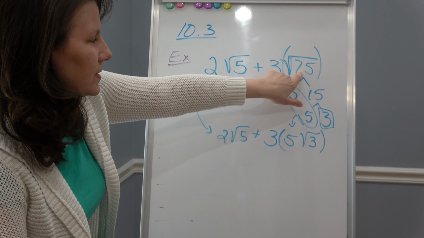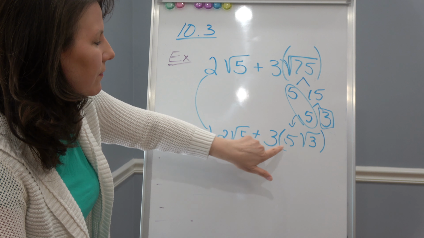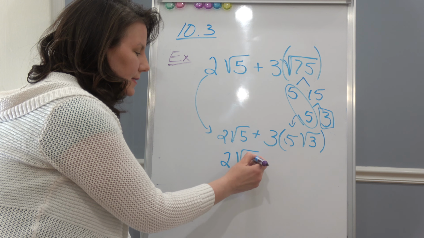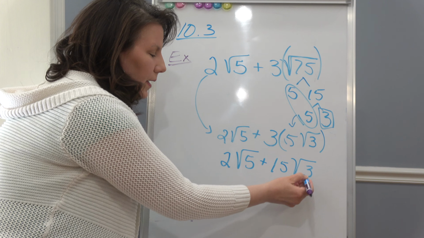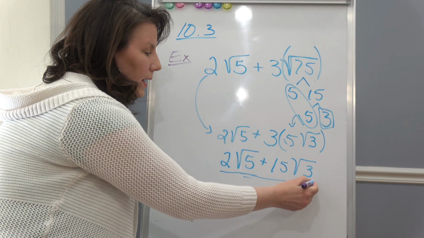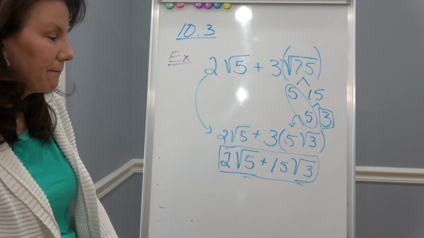The square root of 75 is 5 root 3. Now the 3 and the 5, I can multiply outsides with outsides. That's from the last section. And after all that work, I don't even have like radicals. So this is really all I can do. I can't make it one term.